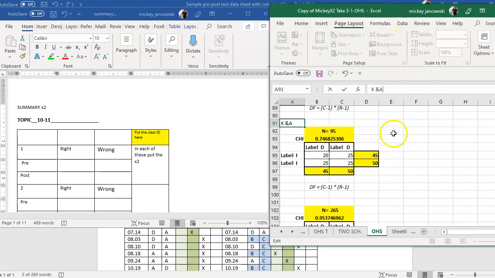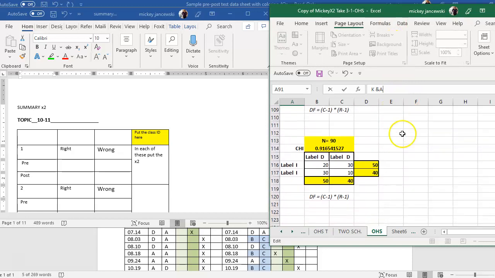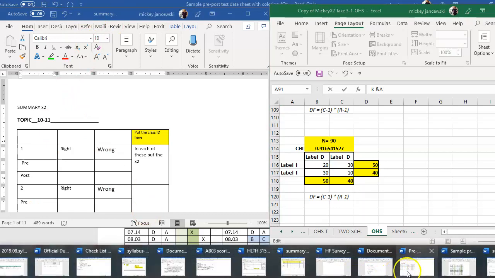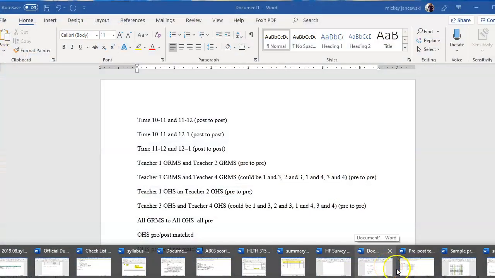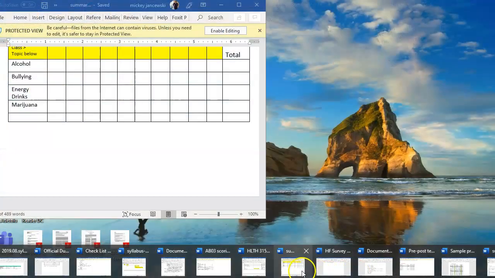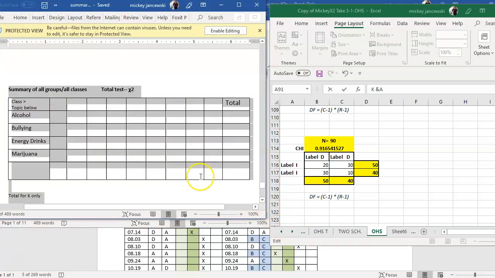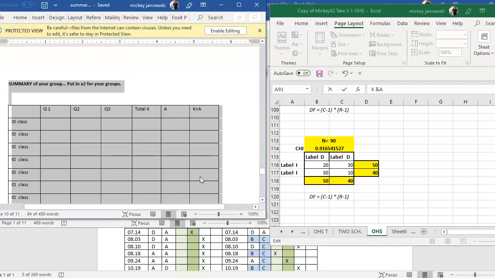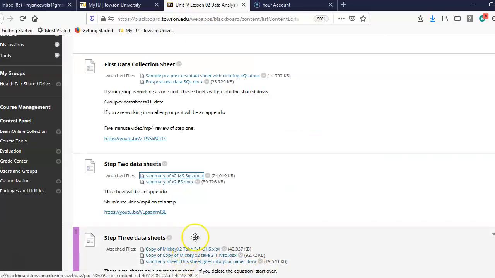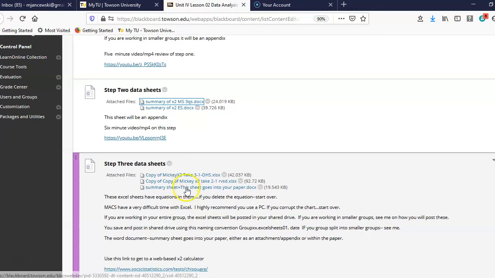Okay. So that's what you're going to be doing. When you have all those chi-square scores, what I asked you to do was put it into a summary sheet. And your summary sheet in your class is different than that. So here's the chi-square charts, here's the summary sheet.